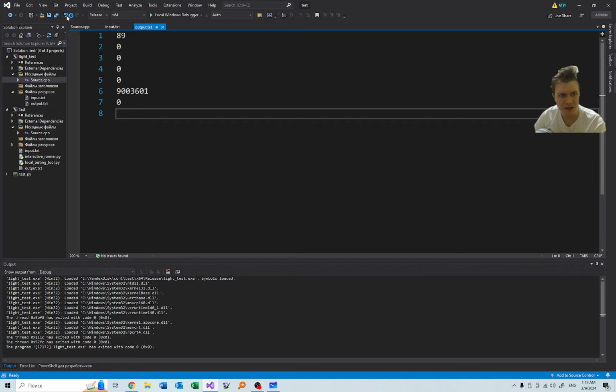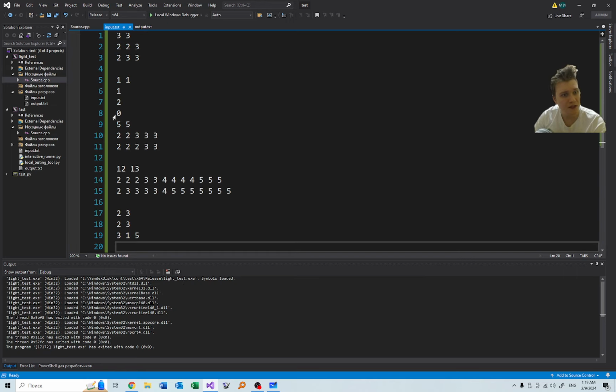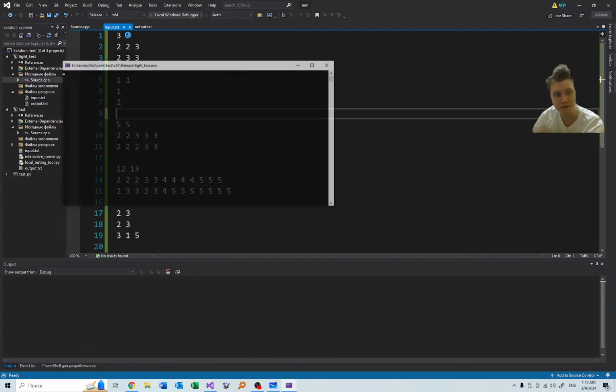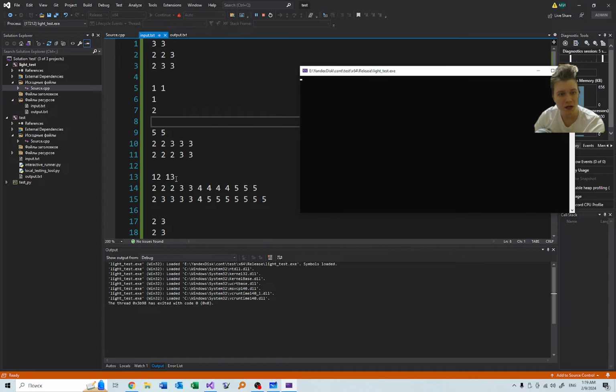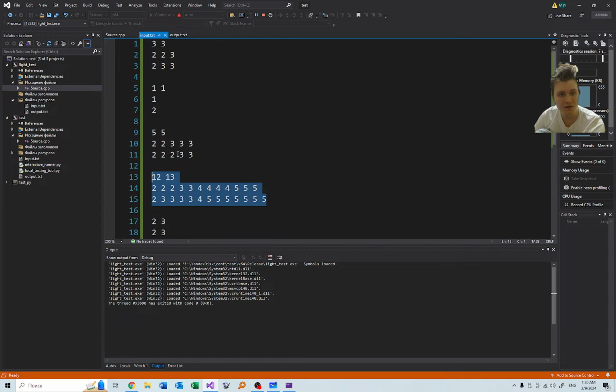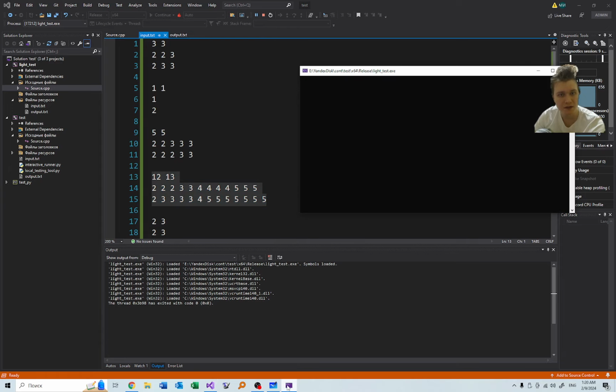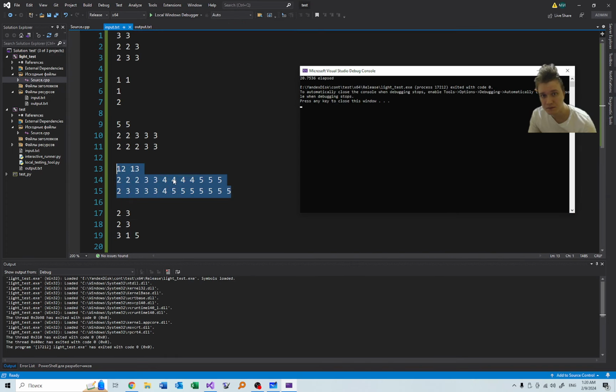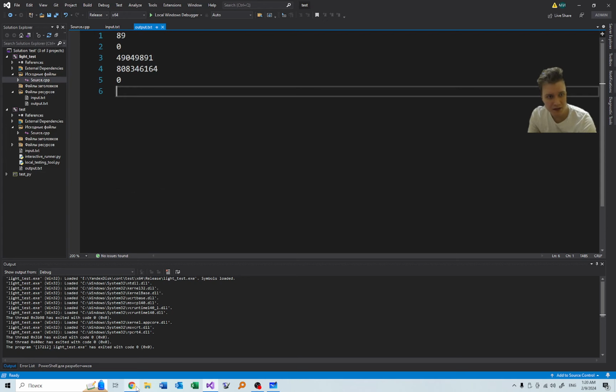So 89, it actually seems really strange, because I needed to remove 0. It takes a lot of time on this test, I think. However, it still should take some reasonable time, because 2 to the power 25 times... okay, 89, 0.